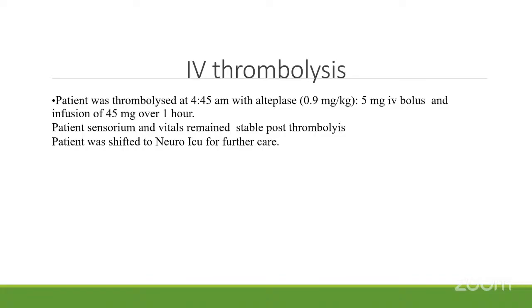If patient has taken NOACs in the last 48 hours, and regarding heparin, if he has taken a therapeutic dose of heparin in the last 24 hours. And regarding vitamin K antagonist, we have to check the INR, because if patient is on vitamin K antagonist and his INR is more than 1.7, then it's a contraindication.